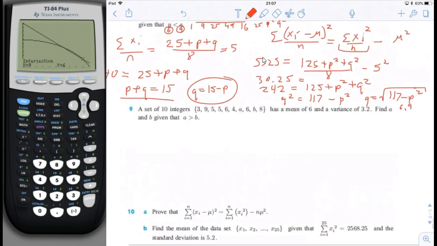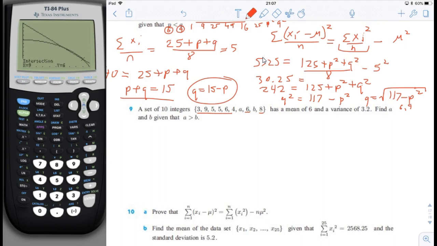So for the mean, what we're going to do, as we had above, is add up all the known numbers, and then add up A and B, and divide by the number of numbers, 1, 2, 3, 4, 5, 6, 7, 8, 9, 10. Oh yeah, it's 10.